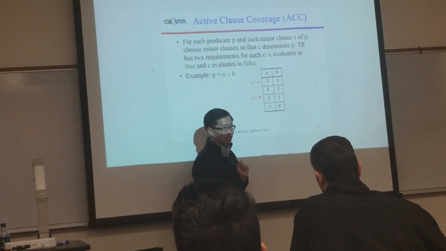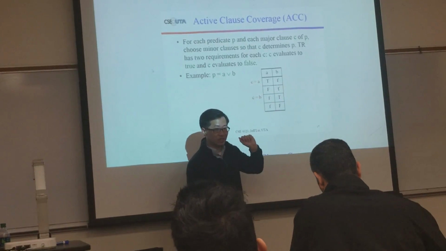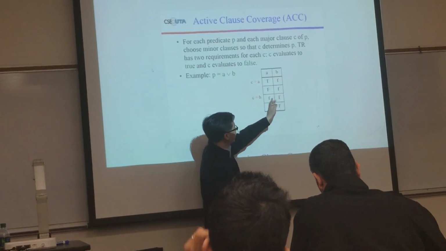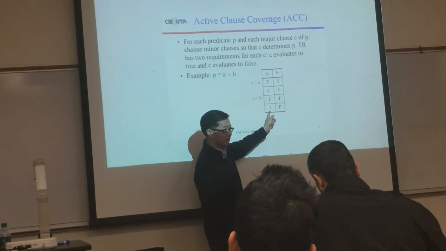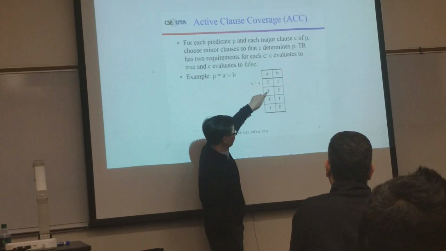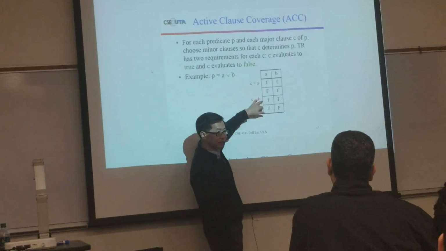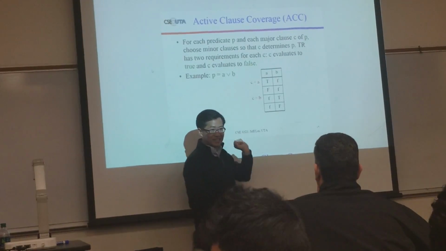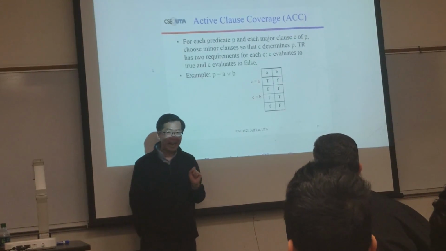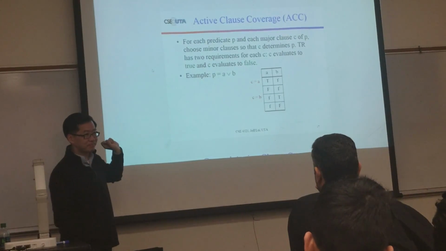That's how it works. And for B, to test B, you have to test one clause at a time. To make B active, A has to be false, and you have to test true and false. Then you put them together, and you have one test case that is the same, so you don't have to have both. So you have three test cases to achieve active clause coverage for this predicate.